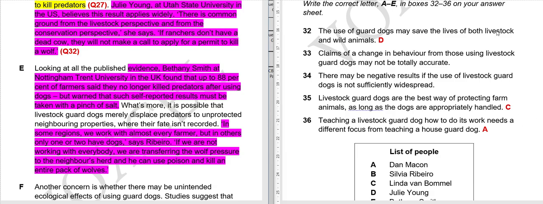Claims of a change in behavior from using livestock guard dogs may not be totally accurate, or there may be negative results if the use of livestock guard dogs is not sufficiently widespread. Is she saying something negative? She is just saying we have to take something with a pinch of salt, meaning to say it may or may not be true. So it may not be accurate. So this is our answer to Bethany Smith.